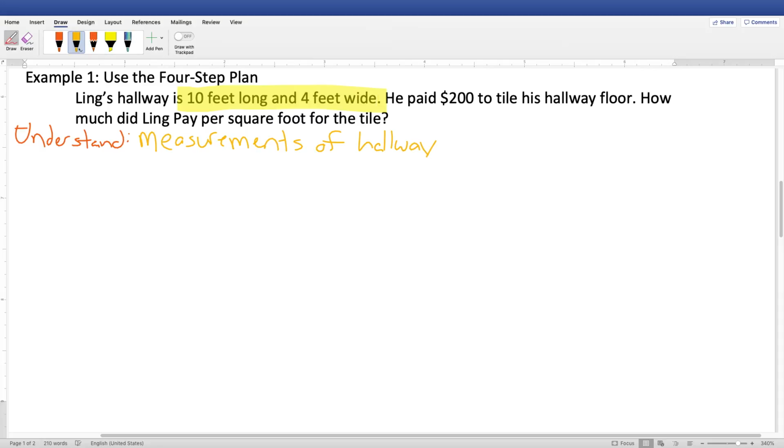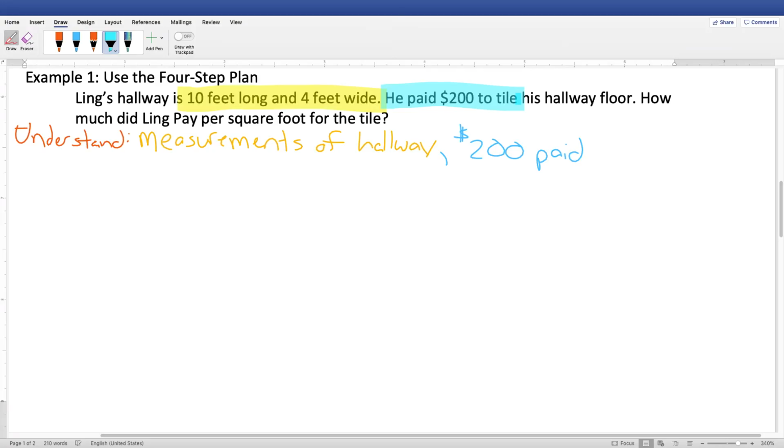Dominic, do I know anything else? He paid $200 to tile his hallway. Yeah, the other piece of information they give us is that he paid $200. So the 2 pieces of information that were given were that the hallway was 10 feet long by 4 feet wide and that he paid $200.